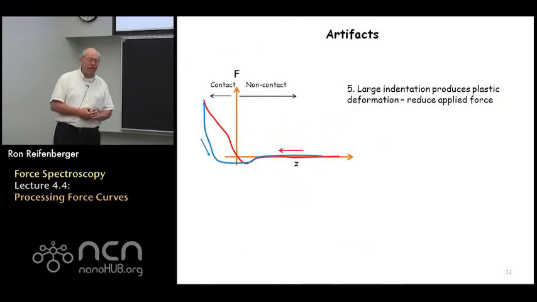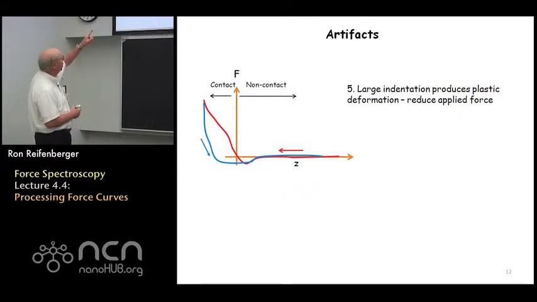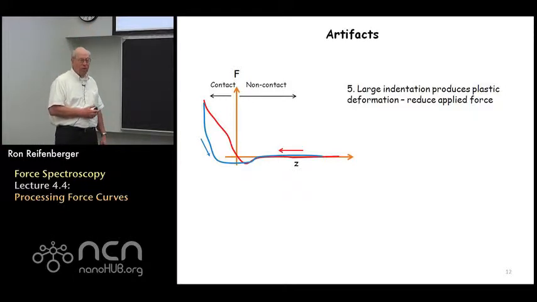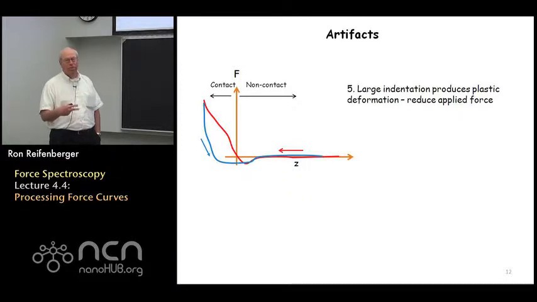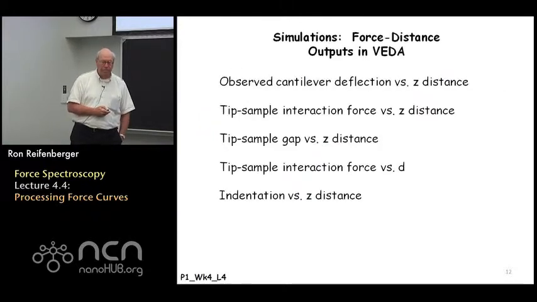And then lastly, if you see a really open loop hysteresis in the contact region of your sample, so that the approach and the retract or retrace curve are completely different, it probably means you're indenting way too much. You're inducing a plastic deformation in either your tip or your substrate as you indent. So don't reduce the applied force, reduce Q, and this effect may go away.